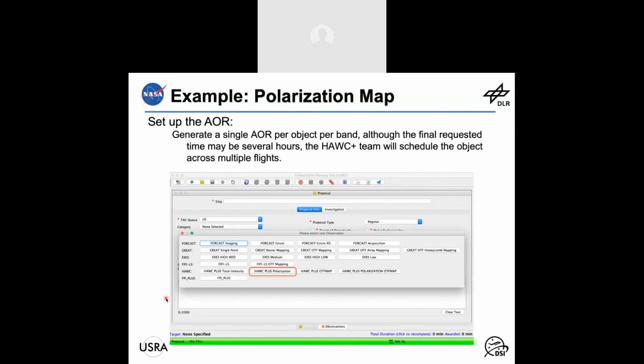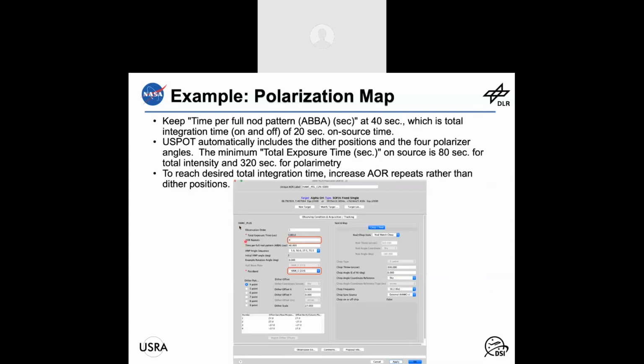The next step after getting the estimated integration time is to then build the AOR. So opening up USpot, you click Create AOR. In this example, we are doing a polarization map, and I will do, in this case, just a nod match chop mode, which is this button here. The screen that opens up is shown here.